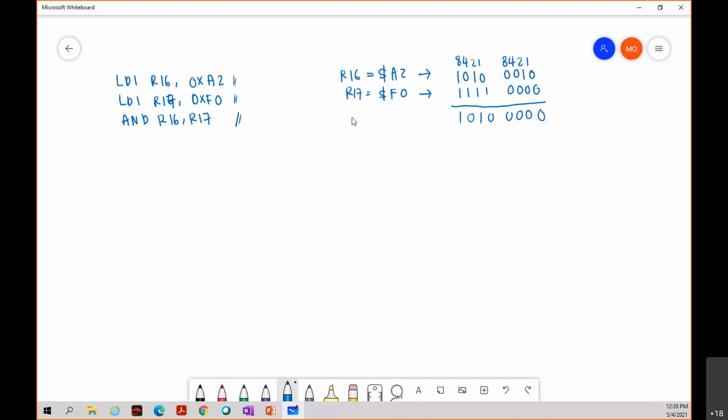So the current result here is A0. R16 now has A0. So this is how the logical AND works.